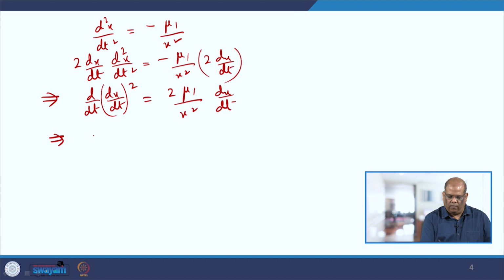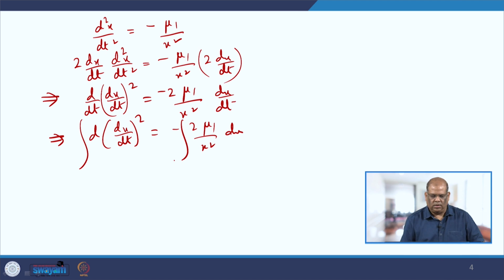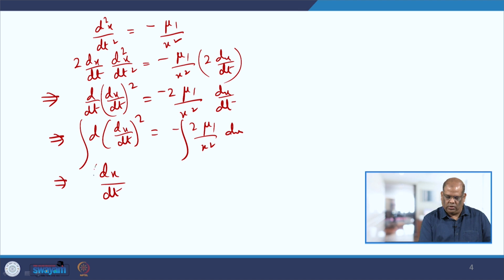Now, this will give d of (dx/dt) whole squared is equal to minus 2μ1 by x² dx. You integrate both sides, and this gives (dx/dt) whole squared equals 2μ1 by x plus some constant.